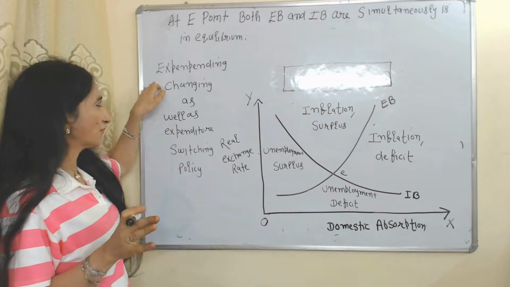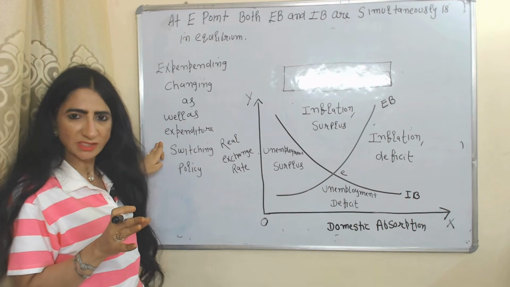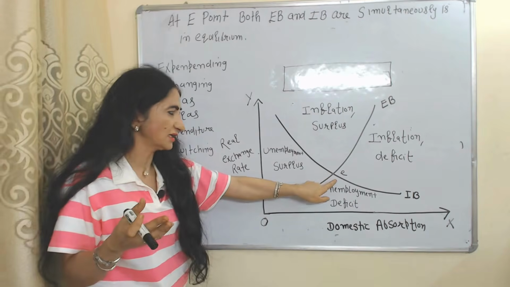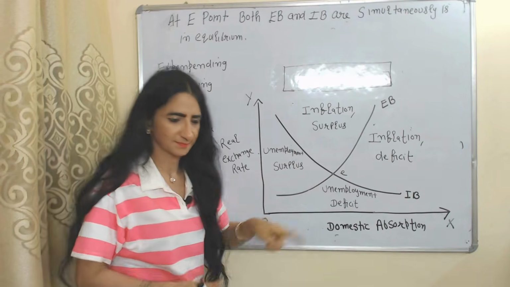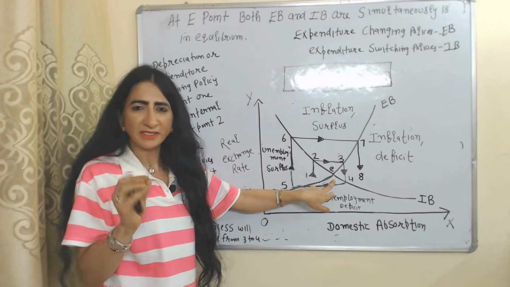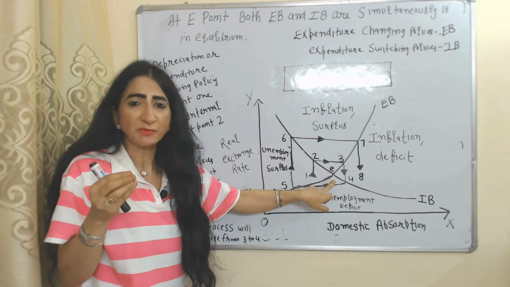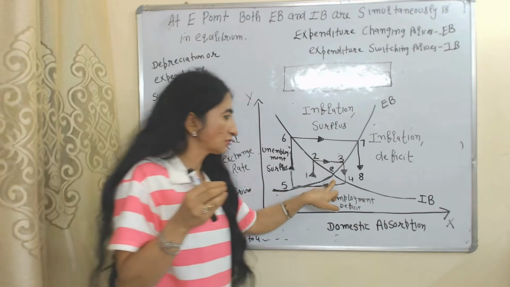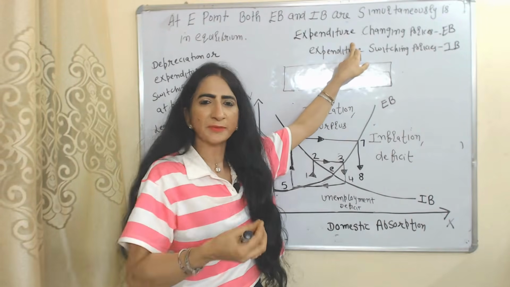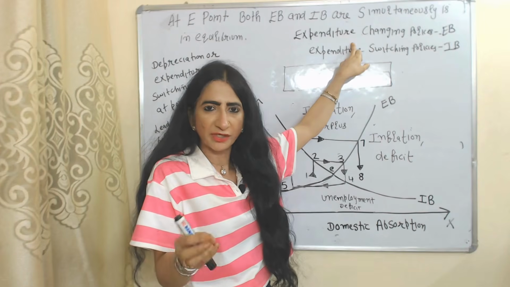With the help of expenditure changing policy as well as expenditure switching policies, countries try to achieve this equilibrium point. So E is our equilibrium point. Every country want to achieve this equilibrium point. Initially we assume in order to achieve external balance, country will adopt expenditure changing policies like fiscal policy and monetary policies.